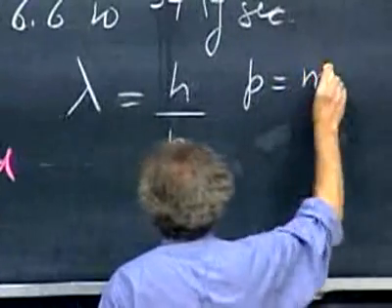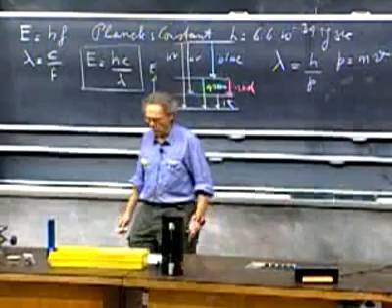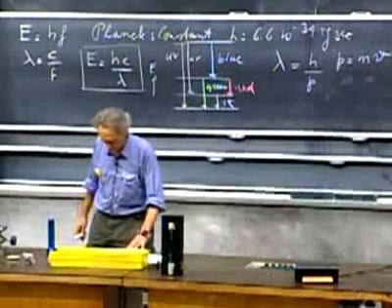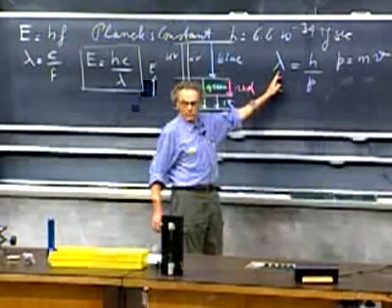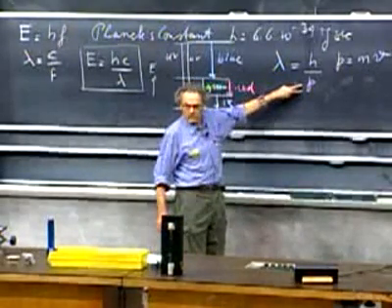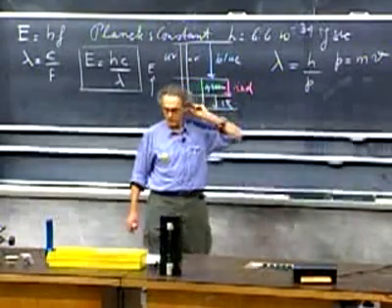And the momentum is the mass of the particle times the velocity, as we have seen in 801. If the momentum is higher, then the wavelength is shorter. A baseball will have a very high momentum with a ridiculously short wavelength.